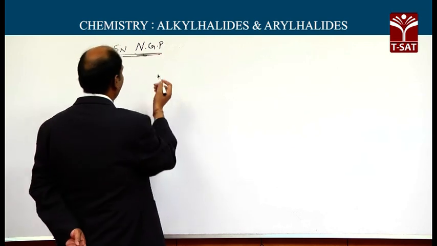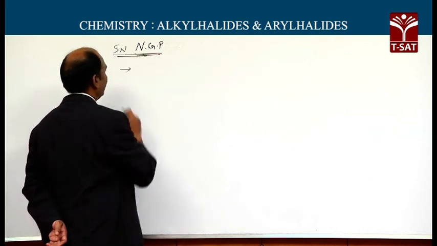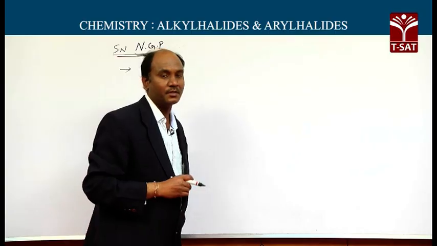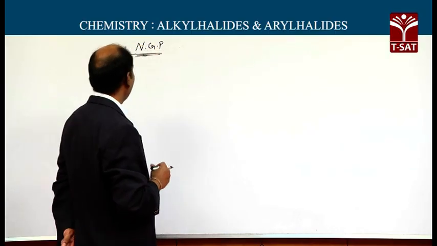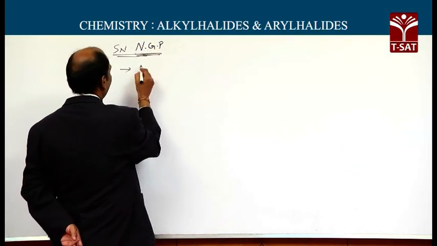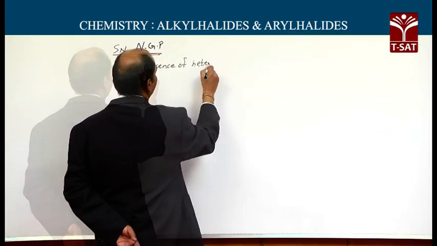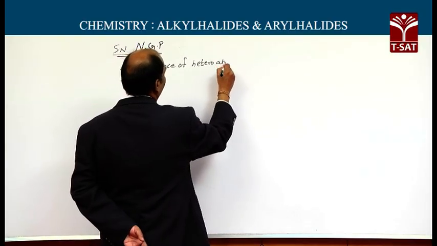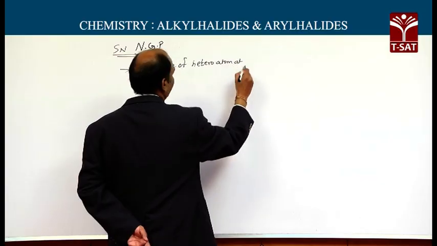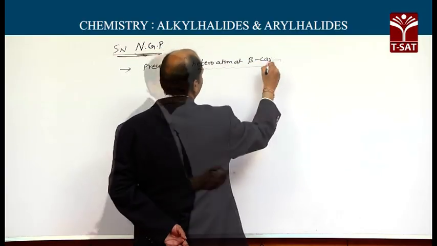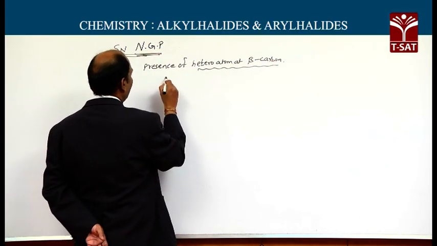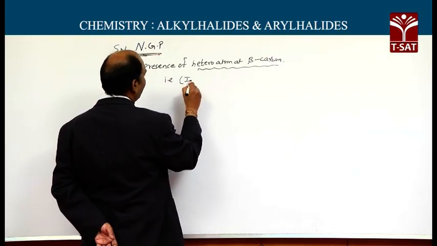In neighboring group participation, what is the required condition where it takes place? The essential condition is the presence of a heteroatom at the beta carbon. That means here we need an internal nucleophile.